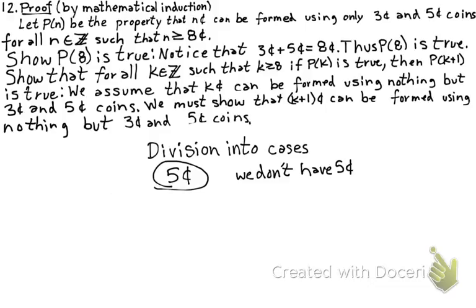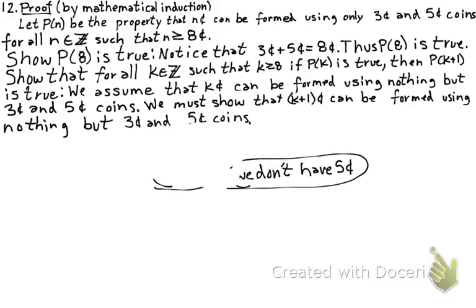Either we have a 5-cent coin in order to make K cents, or we don't. And we need to show that regardless of whether we have the 5 cents or not, this proof is true anyways.